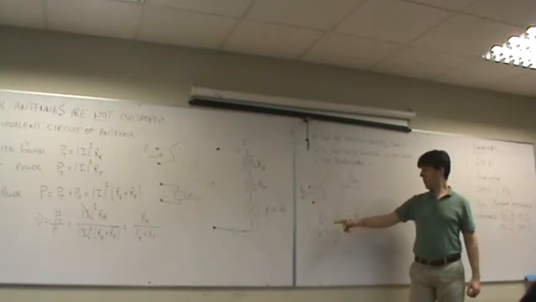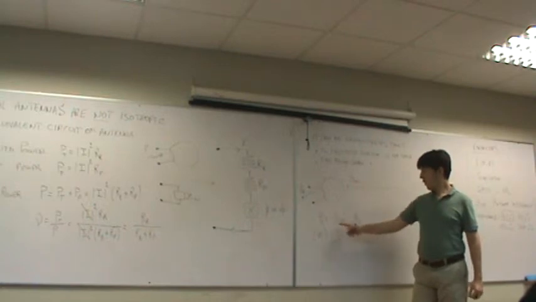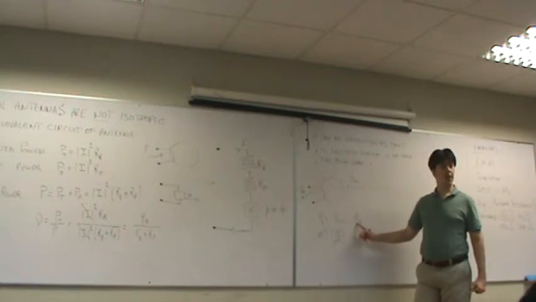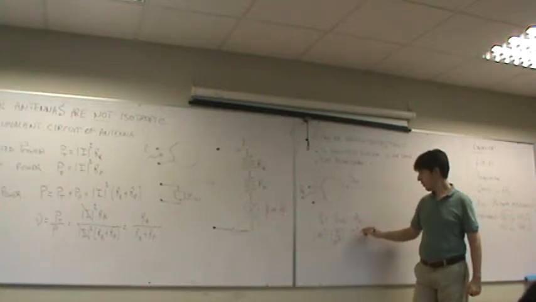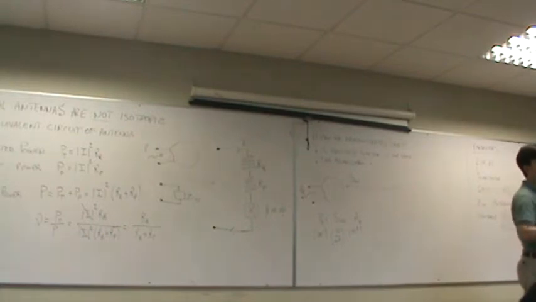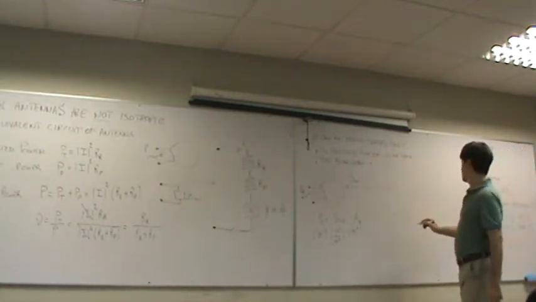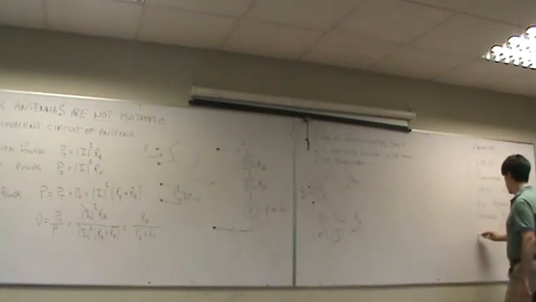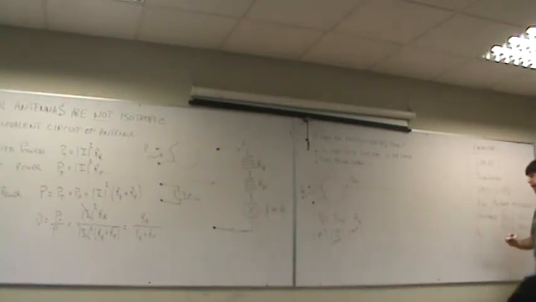So if things must be correct, what are the dimensions of this parameter? Square meters. So this is what we call the effective area of the antenna. Or capture area. But capture area is an old definition. The modern definition is effective area.